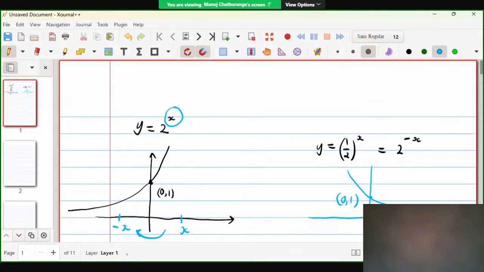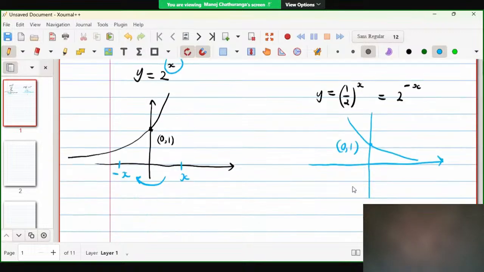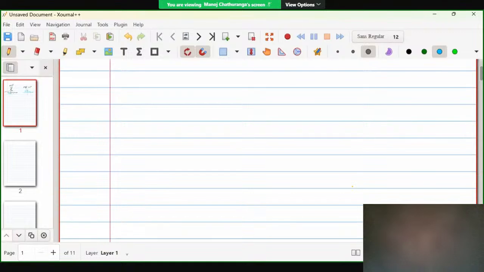So this is the graph of (1/2) to the power x, obtained by rotating the graph around the y-axis. Remember, this is what happens when you know the graph of y equals f of x and you want the graph of y equals f of minus x. You rotate the x-axis around the y-axis.